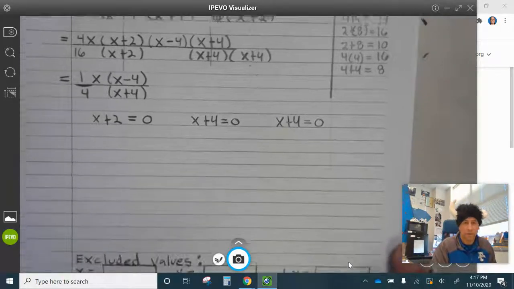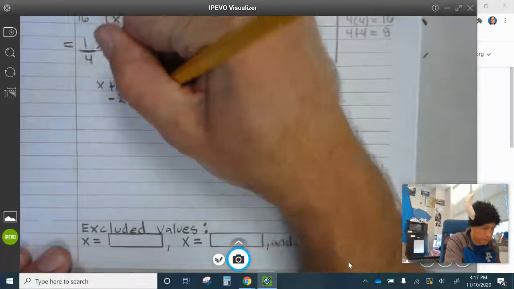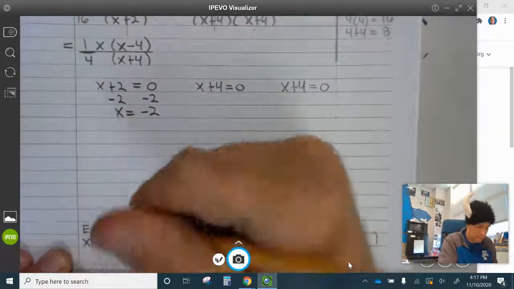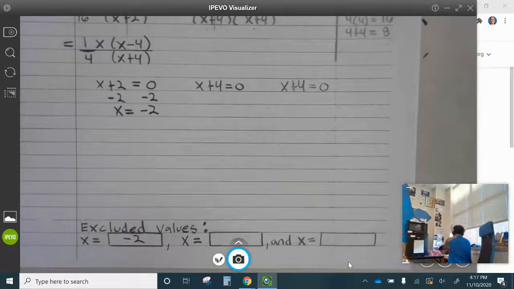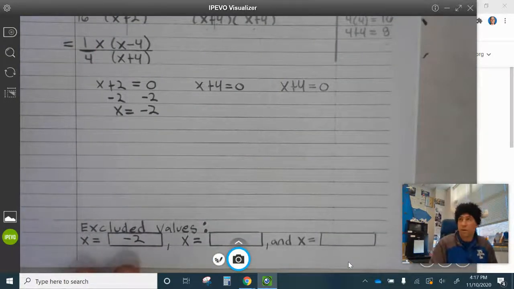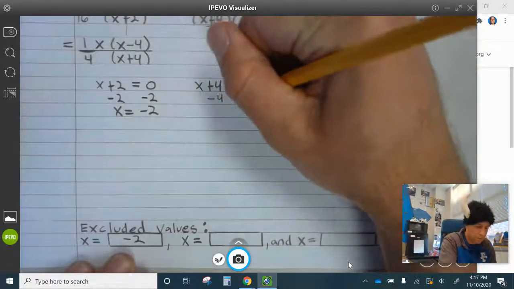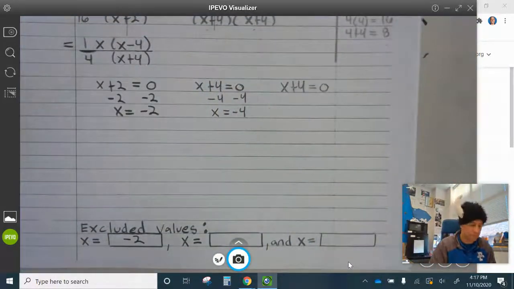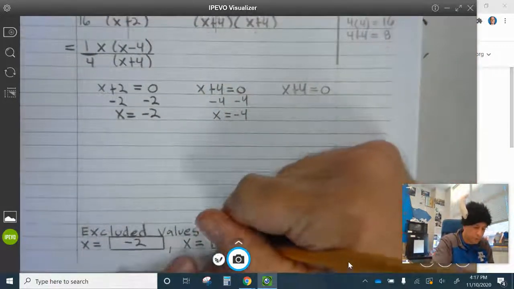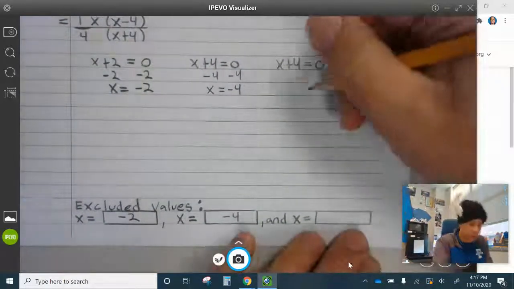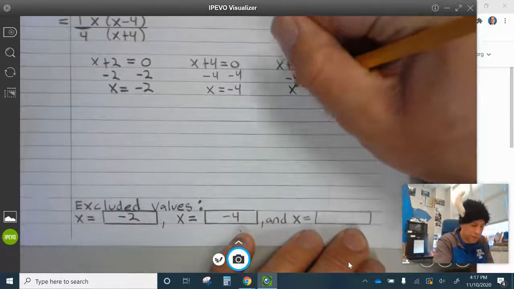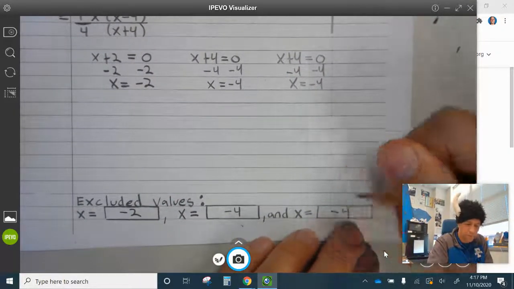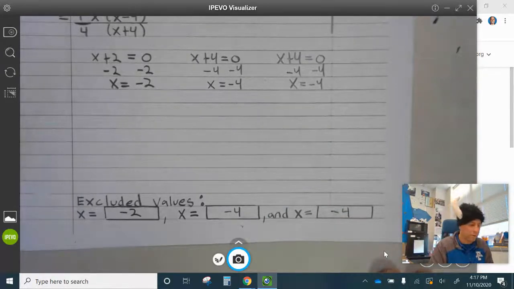So we subtract 2 from both sides. x equals negative 2. Now we subtract 4 from both sides. x equals negative 4. And then we subtract 4 from both sides, so x equals negative 4. So negative 4 and negative 4. Go ahead and finish up example 1.